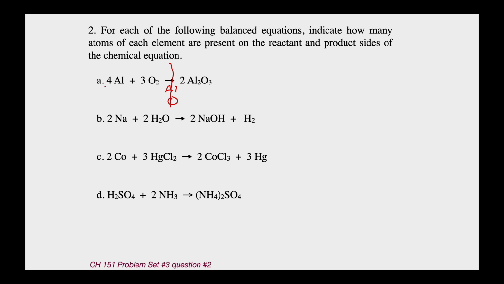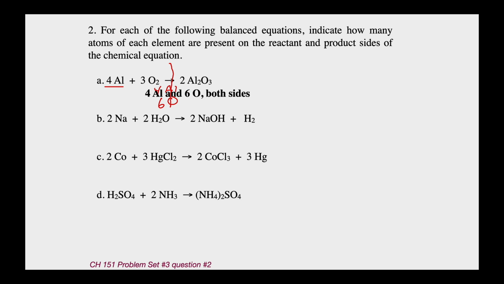To the left, you can see 4 aluminums, and 3 times O2, that 2 there would be 6 oxygen. If this is a balanced reaction, the product side will have the same. And sure enough, 2 times 2, 4 aluminums, 2 times 3, 6 oxygens. So you can see here that everything is balanced out. Atoms on the left equal atoms on the right, and that's what we see.